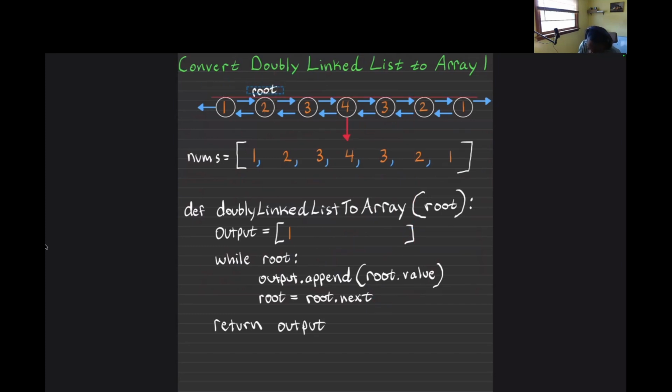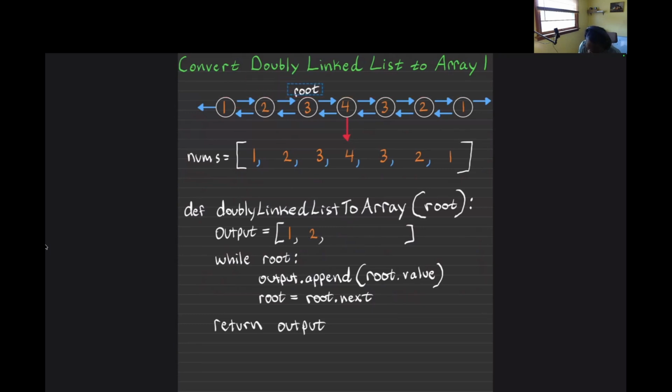So root comes here. While root, that is true. There is a value there. So let's go ahead and append this node value, integer, to our output array, okay? All right, and what do we do next? We say root is equal to root.next.